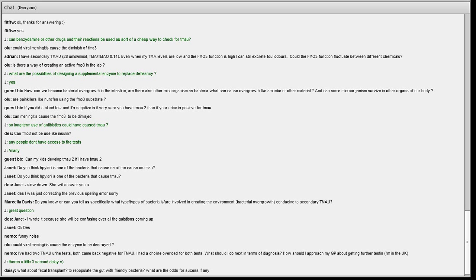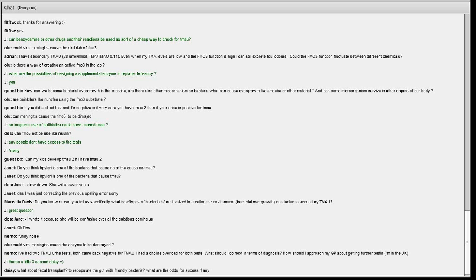Okay, in theory that might be possible, because depending on the antibiotic used, different antibiotics would target different types of bacteria. So if you were, say, selectively killing off the bacteria that would not produce much TMA, that would mean that other bacteria that produced lots of TMA might increase in number.